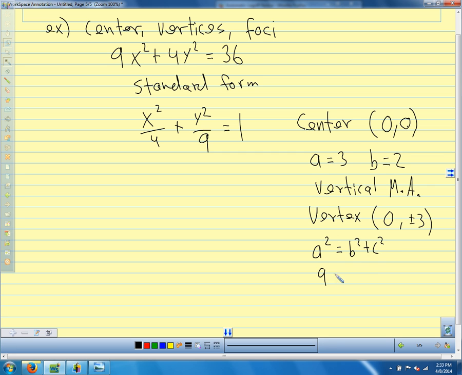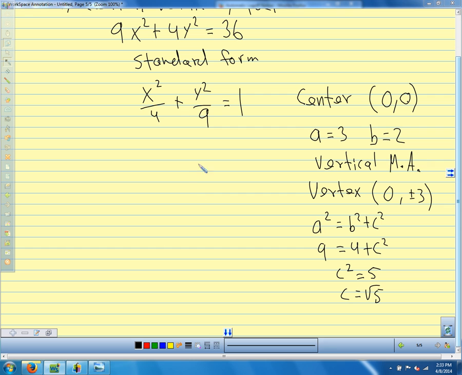So we have 9 equals 4 plus c squared. So c squared equals 5 and c equals square root of 5. So that tells us to move square root of 5 units, again up and down because my major axis is vertical, from the center to get to my foci. So my foci are at 0, plus or minus square root of 5.